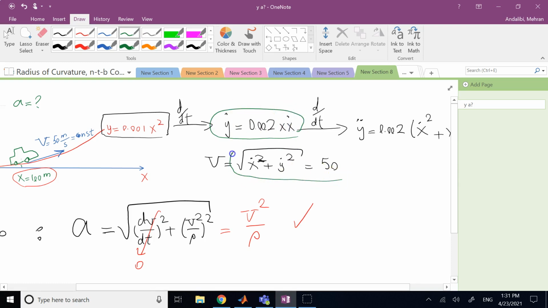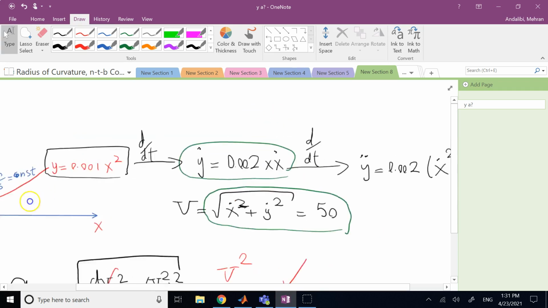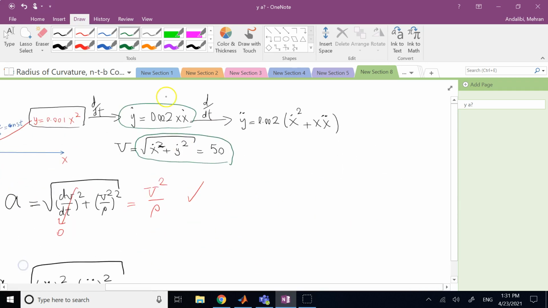This equation also gives you a relation between x dot and y dot. So from these two equations, when I plug in x of 100, I have two unknowns, x dot and y dot. Especially this one is nonlinear, but you can solve it 2 by 2. It's not that hard. So first, from these two equations, plugging in x of 100, you have to find x dot and find y dot.